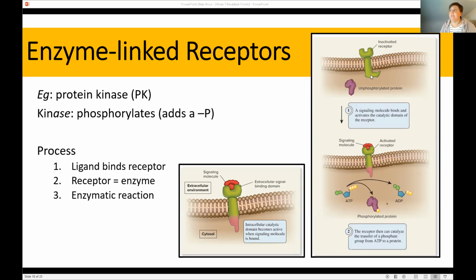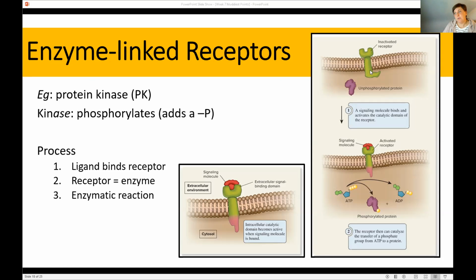So what can happen is you have this receptor. It's an enzyme-linked receptor, meaning that the intracellular portion of that receptor has an enzymatic function, which, remember, enzymes just perform chemical reactions. And in this case, since we're using the example of a protein kinase, it turns out that the enzymatic function of this receptor is to add a phosphate group to something, to phosphorylate something.